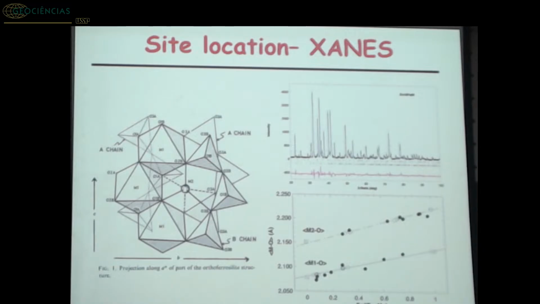I synthesized a whole set of orthopyroxene from pure ferrosilite to 90% enstatite. We made structure refinement by powder diffraction data, which was the only choice because it's very difficult to synthesize single crystals big enough for single crystal data. So if you have the chance to have a single crystal, diffraction is always best.